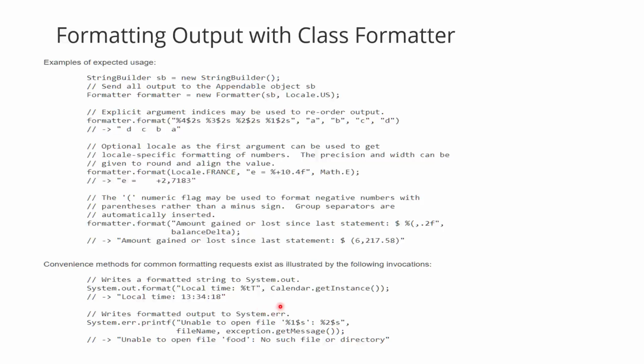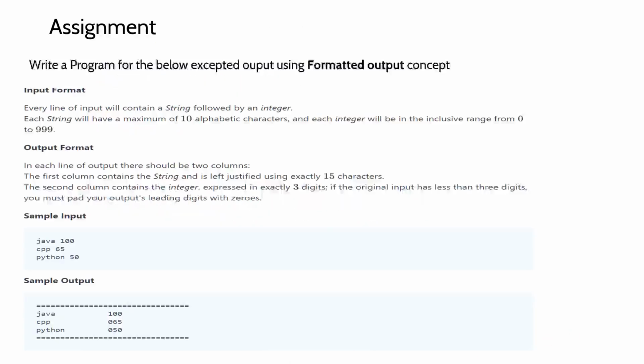And also writing some formatted output to System.err. You can see here this is being used to write out in a very clear way what the problem or the error was. This will allow a user to take action.